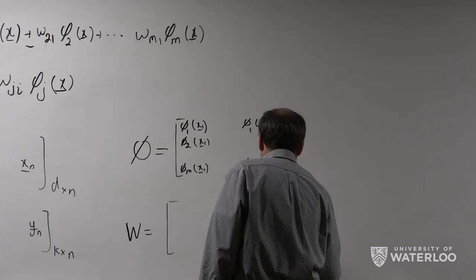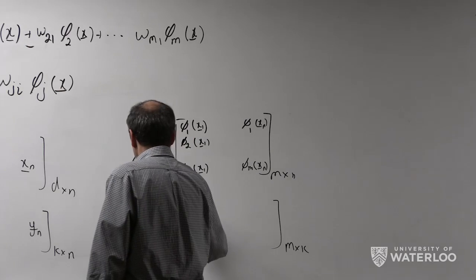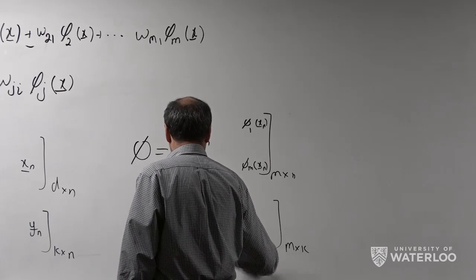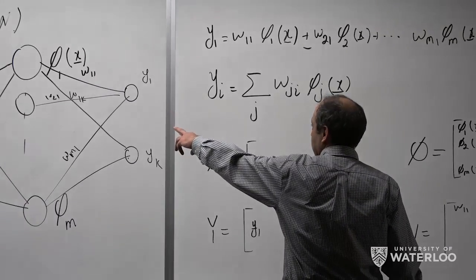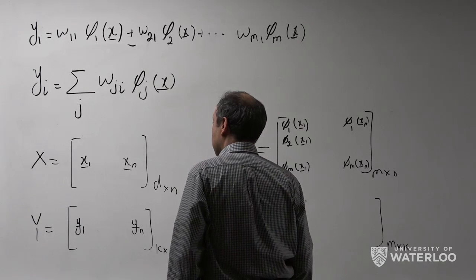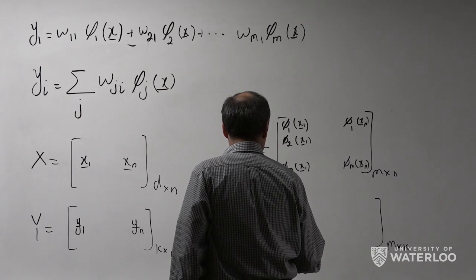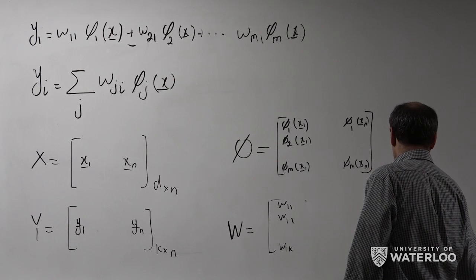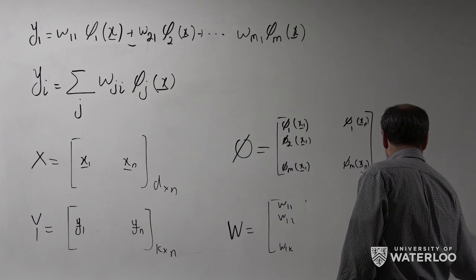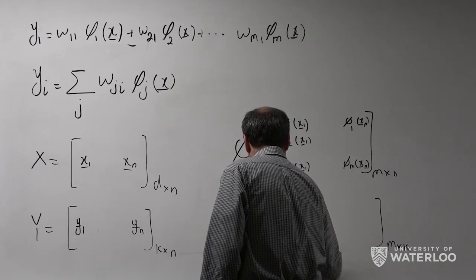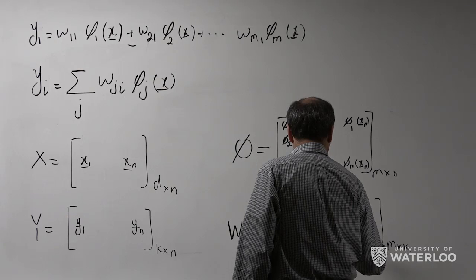So it's going to be m by k, with entries W11, W12, up to W1k. Or put it the other way around, k by m.